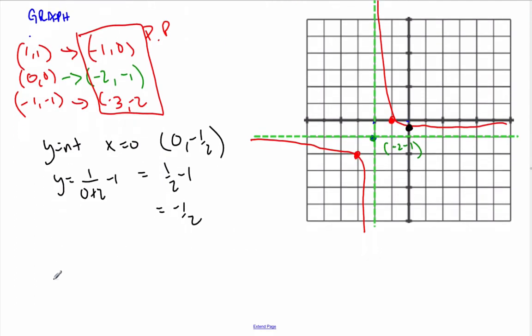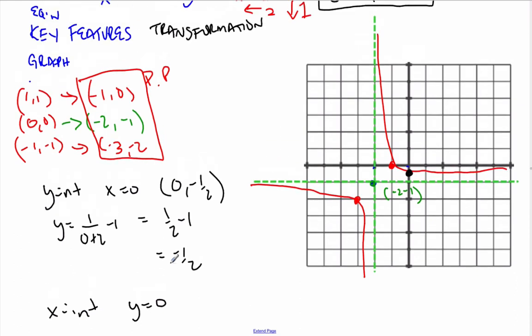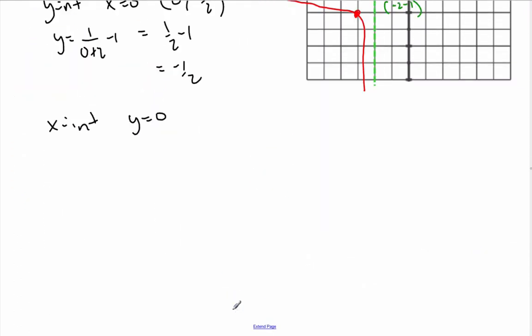If I'm going to find my x-intercept, then I know that y is equal to 0. So from my equation, 0 is equal to 1 over x plus 2, minus 1. Add the 1, equals 1 over x plus 2. Now here's a trick that I was showing one student the other day. If I have 1 over 2, we all know it's equal to 3 over 6.